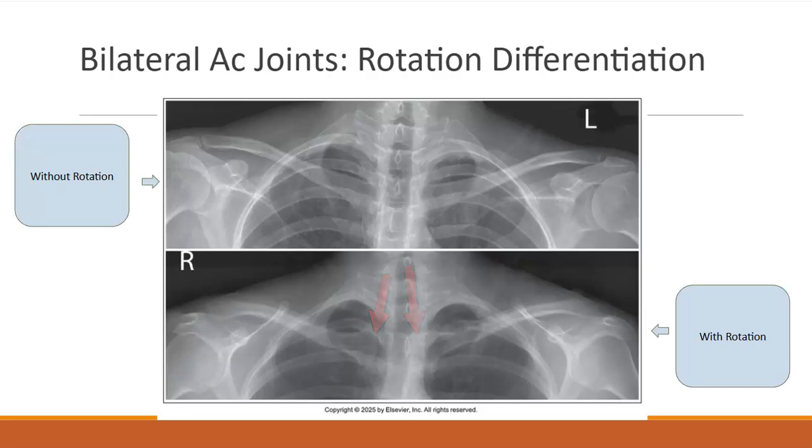You want to determine whether or not they are lying along the lateral border of the vertebral column. If you examine this image here, you can see which image demonstrates distortion, which is the one with rotation, and the visibility of detail on the image without rotation.